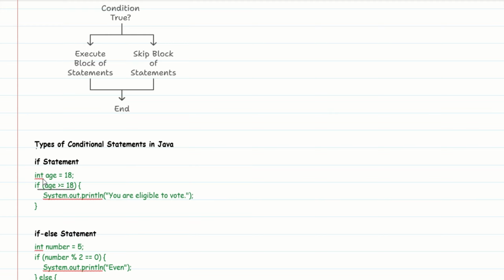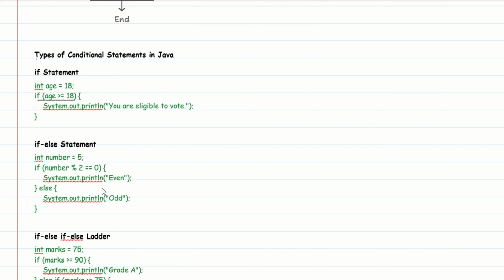In this example, I'm passing an int age value and checking whether it is greater than or equal to 18. If it is, I print that you are eligible to vote. If this condition matches, the statement will be executed. Otherwise, it will just come out of the if condition.